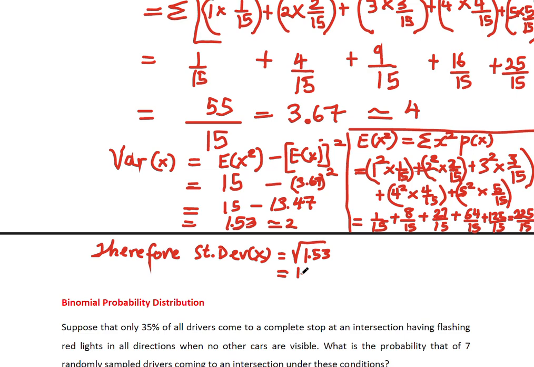So the standard deviation here is 1.24 approximately. And if we round that to a whole number, that would be 1. So strictly speaking, standard deviation would be 1, which means that on average, the individual outcomes in the data set will vary from the expected value or mean by a score of 1.